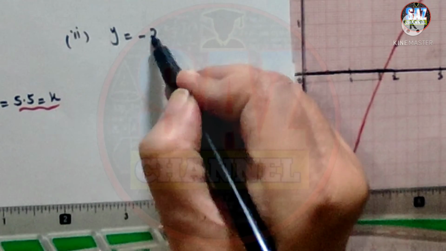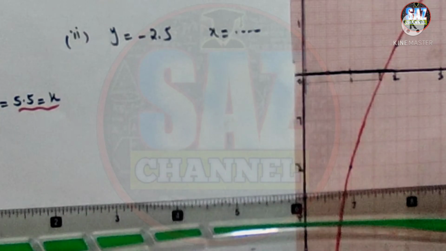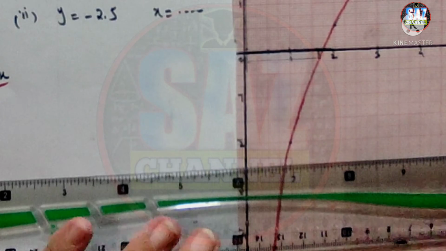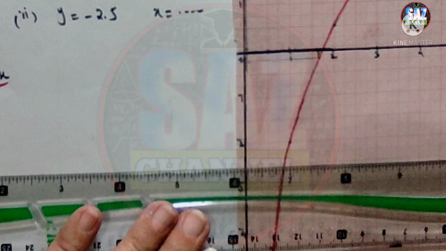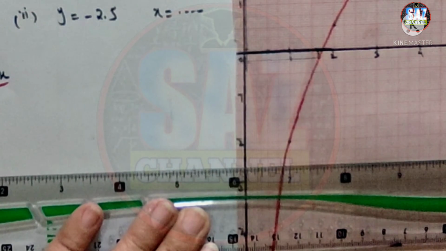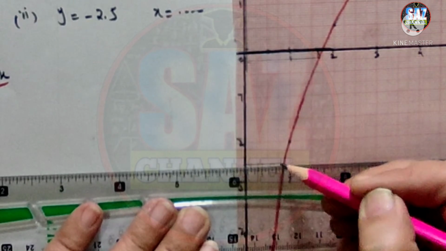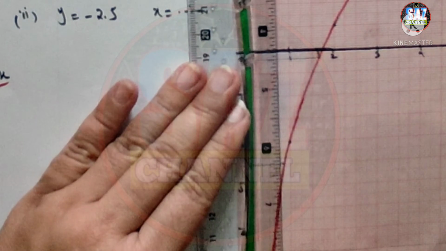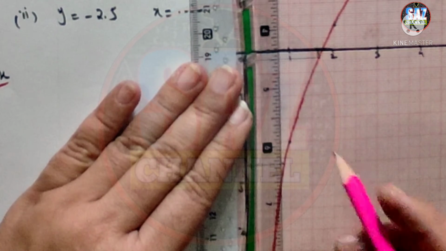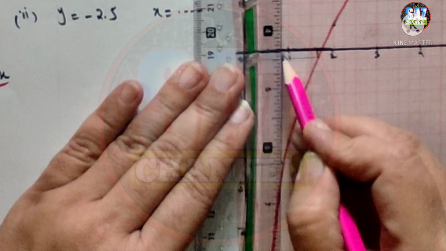Now the second part is that we have to find the value of x when y equals minus 2.5. So first reach at minus 2.5. This is the position for y equals minus 2.5, and this is cutting at this place, and then I have to join this point towards the curve and the x-axis, and let me see how many blocks are coming.